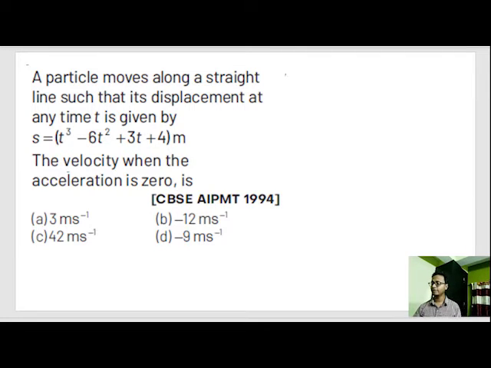So we know that velocity is given by ds by dt. When you differentiate this equation, it comes as 3t square minus 12t plus 3, and the differentiation of 4 becomes 0.